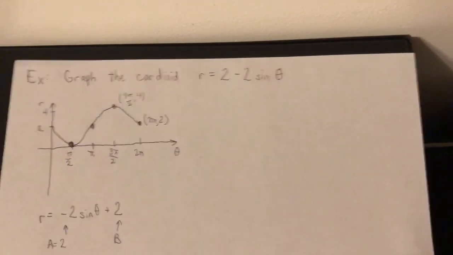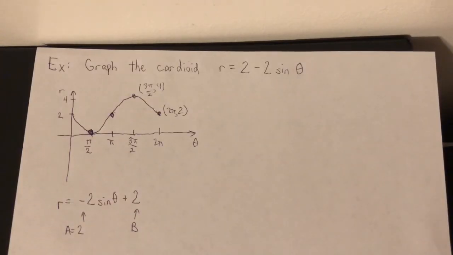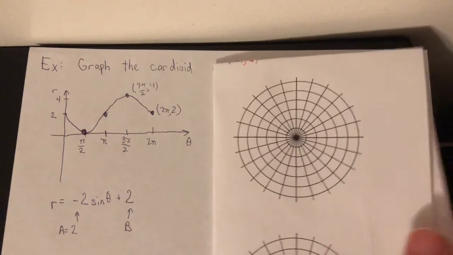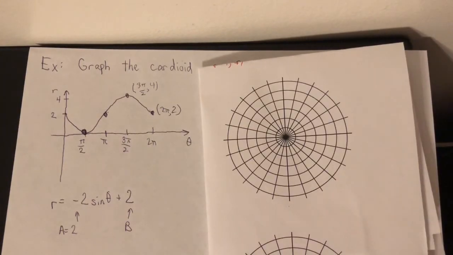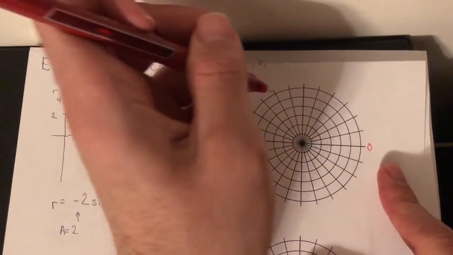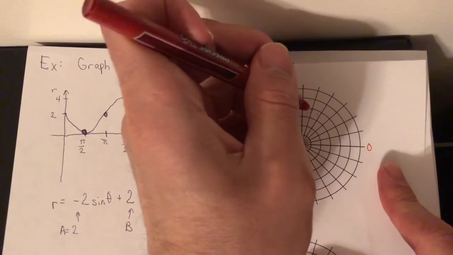What I want to concentrate on is graphing the polar equation. So again, let's take a look at some polar graph paper. And what I'm going to do is, first of all, label a few of my angles here. So 1, 2, 3, 4, 5, 6.